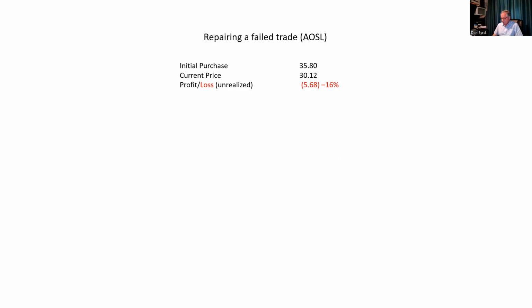Okay. So now I mentioned that I put a collar on it as insurance. But in this case, a collar is selling a call to make money because you get paid the premium when you sell, and buying a put for insurance, which goes up if the stock goes down.